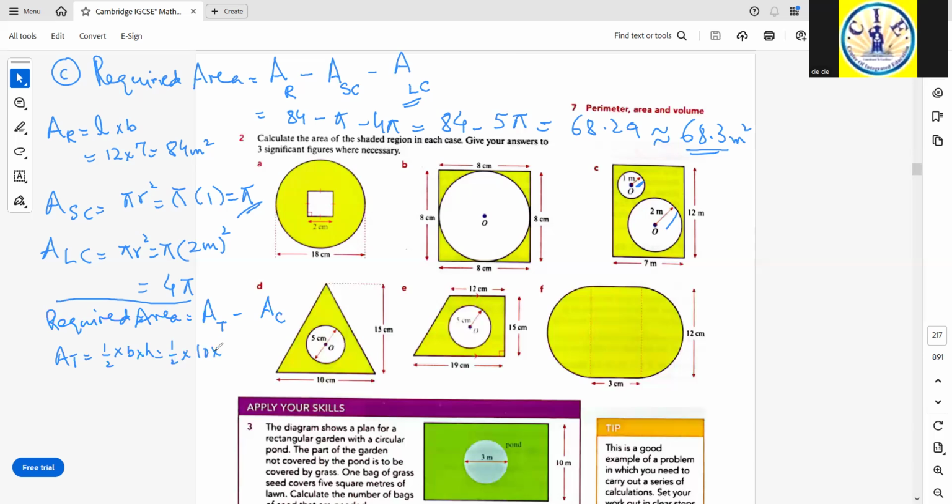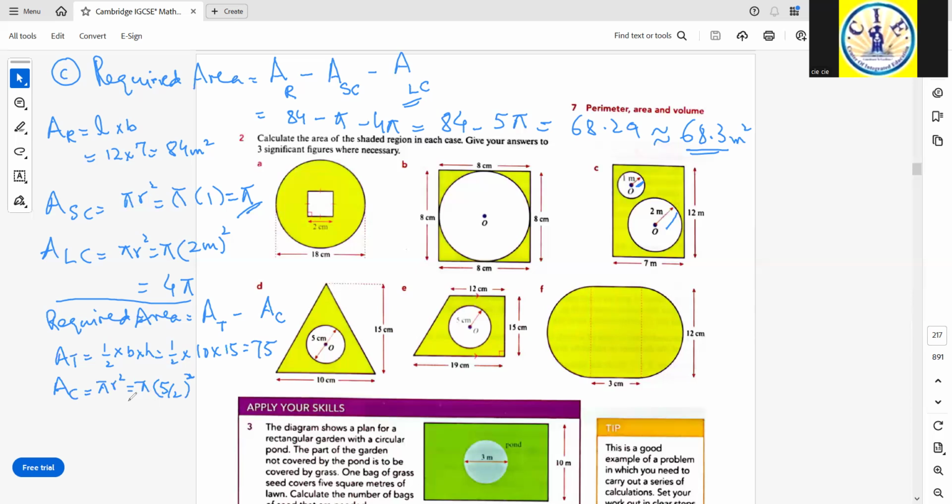Base is 10 and height is 15, which will give us 75 centimeter squared. And now area of the circle, using the formula pi r squared, pi times 5 by 2 whole squared, because this 5 is actually the diameter, so the radius will be half of the diameter, that is 5 divided by 2, that is 2.5.